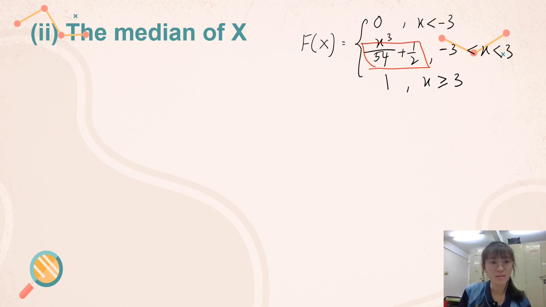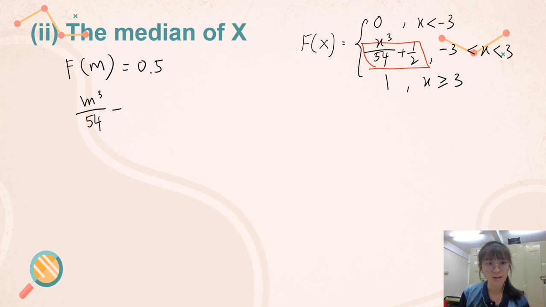So we know that F(m), we just let m equal our median, is equal to 0.5, right? We need to find the median. So we substitute m into the equation. So we get m cubed over 54 plus 1 over 2 is equal to 1 over 2, because 0.5 is also equal to 1 over 2, right?